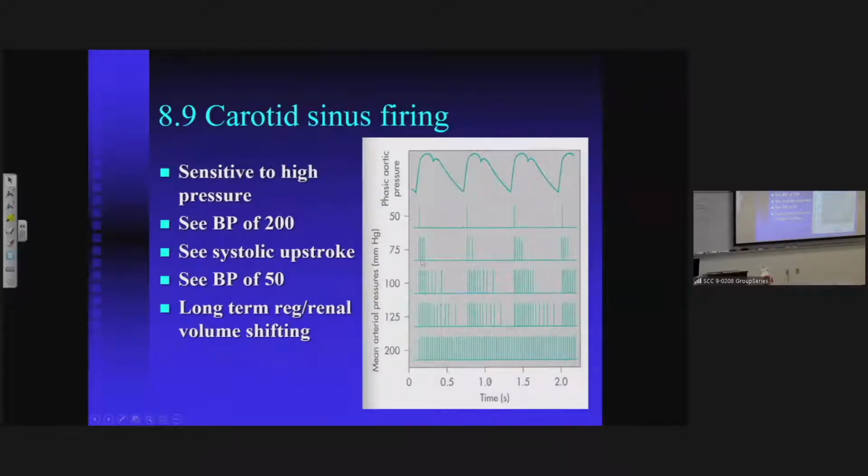As the pressure starts dropping, it's not going to be very active. And it's only active when the pressure is rising. Like, hey, I don't like that pressure rising. Let's slow it down. Oh, the pressure's falling. Turn off the brakes. I don't need the brakes. My pressure's falling. Stop the brakes. Okay, that's what that is.